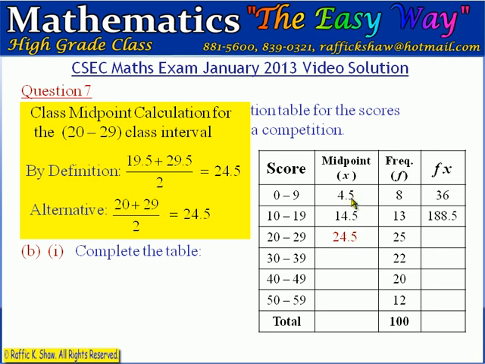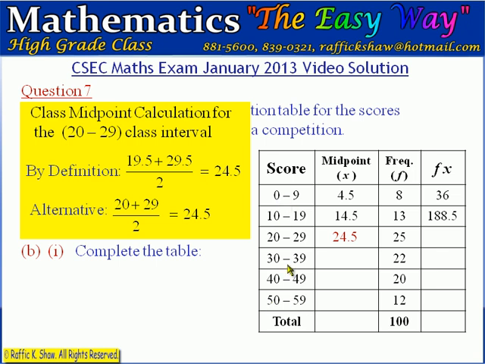We also could observe that the difference between consecutive midpoint values is 10. So we add 10 to 4.5 to get 14.5, and so we would have to add the same 10, and this is because the classes are all of the same dimensions: 0 to 9, 10 to 19, 20 to 29, 30 to 39, 40 to 49, 50 to 59.